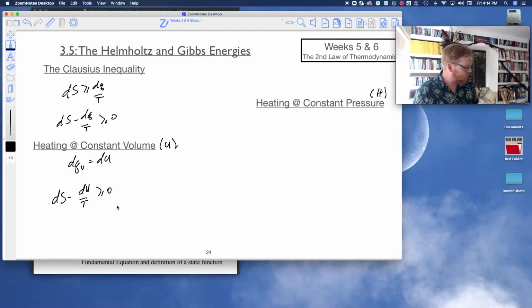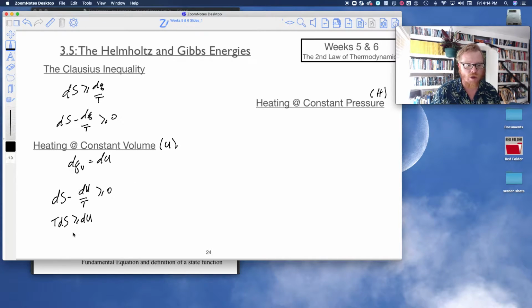And doing some algebra and rearranging, I can say T dS must be greater than or equal to dU. So I added that over to the other side and multiplied by T all the way through. So TdS must be greater than or equal to dU.